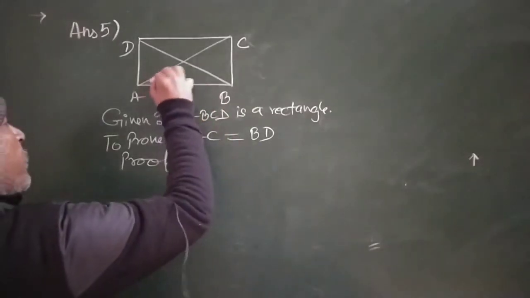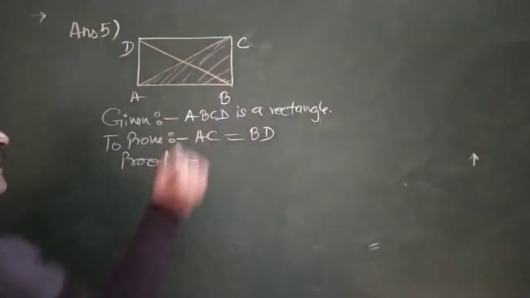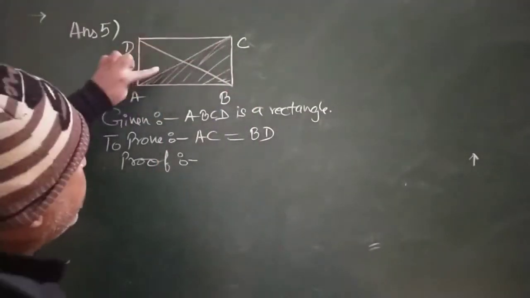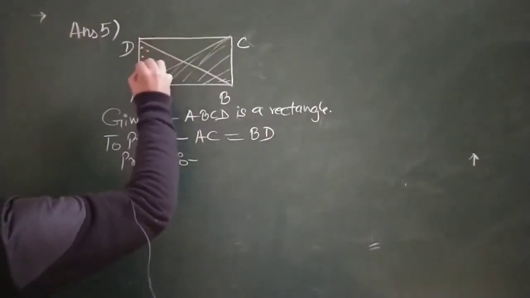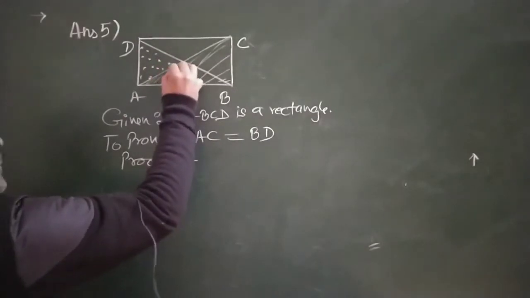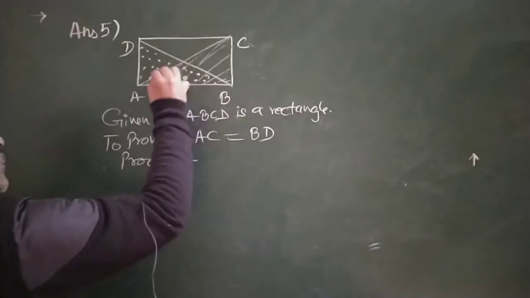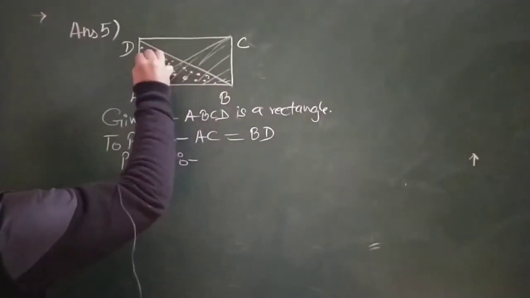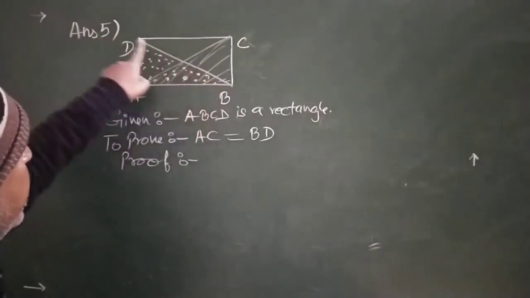Just see, one triangle is triangle ABC. In this, diagonal AC is coming. I am marking it so that you can have a better visual. The second triangle is ABD, in which BD is coming.